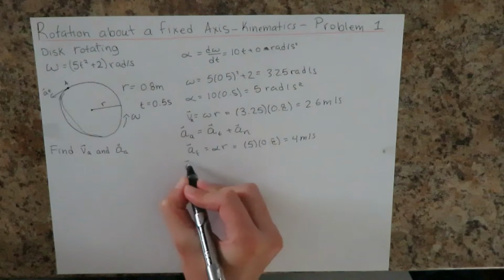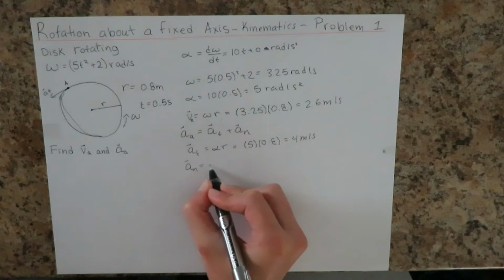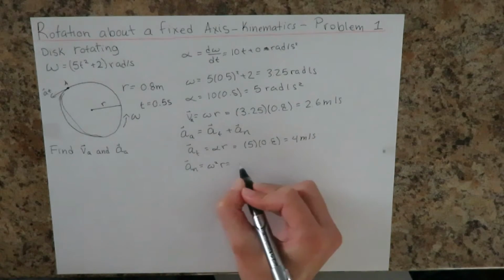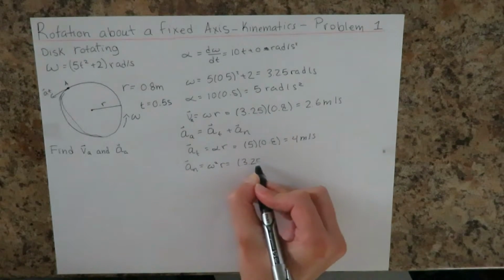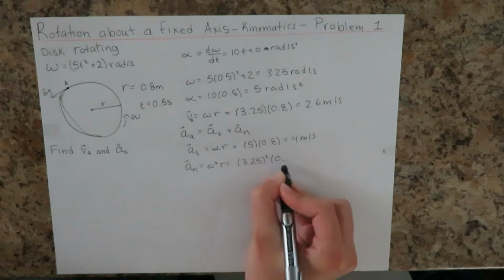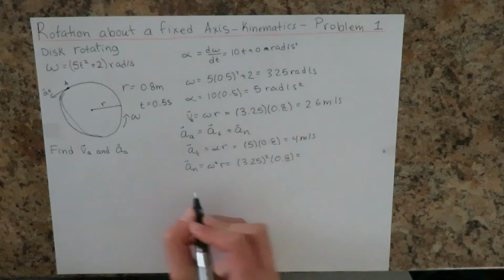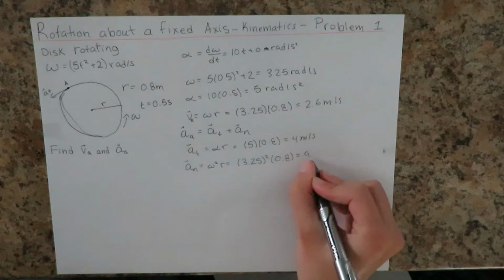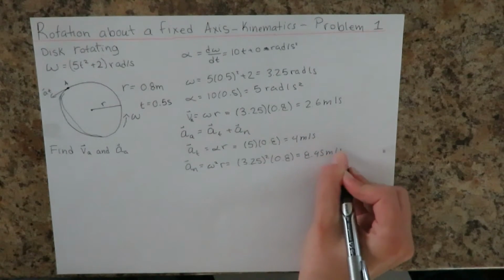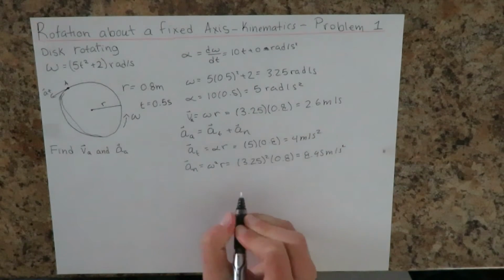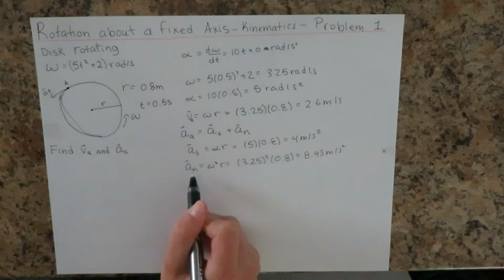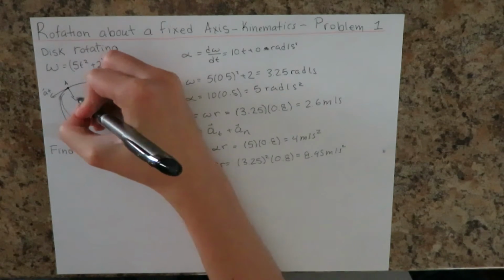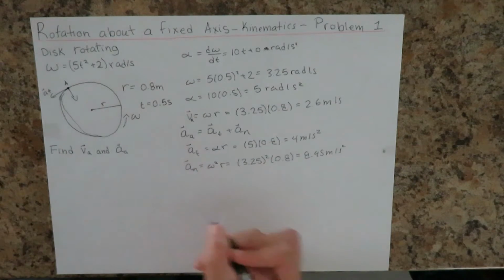And normal acceleration was a bit weirder, but it was equal to omega squared times r. And so that gives us 3.25 squared times 0.8. And doing the math for that gives us 8.45 meters per second squared. Oh, and this should be squared, both of these. So now we have a normal and a tangential. The normal would look like this because it would be going straight for the center.